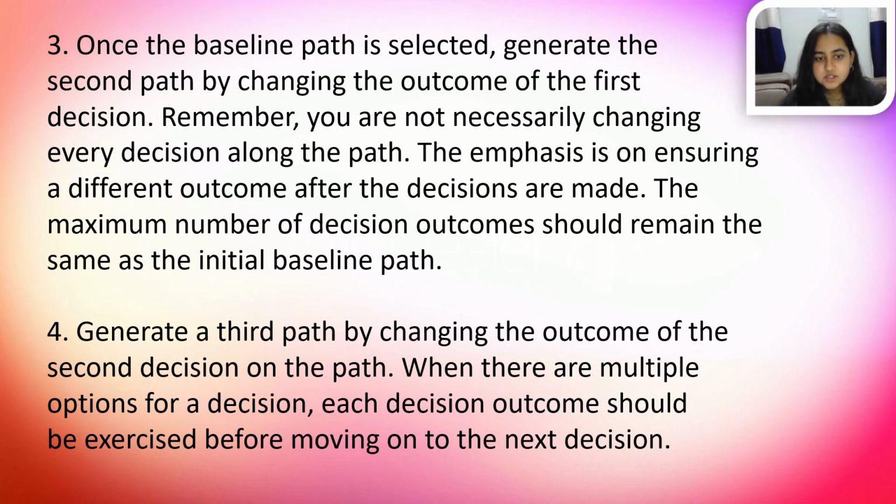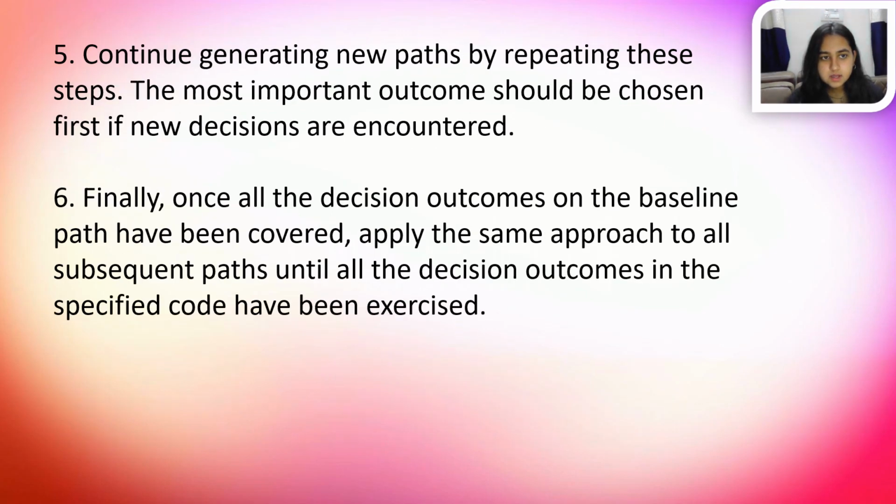Fourth point, generate a third path by changing the outcome of the second decision on the path. When there are multiple options for a decision, each decision outcome should be exercised before moving on to the next decision. Next, that is the fifth point.